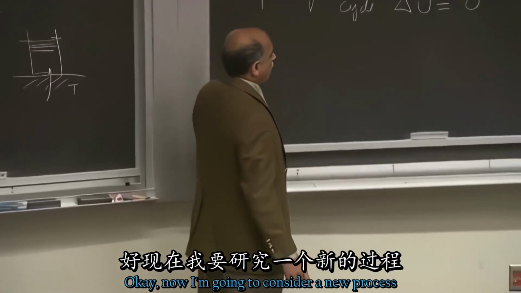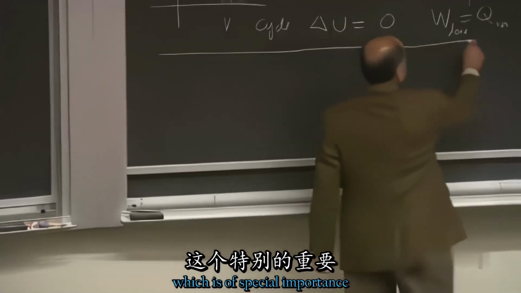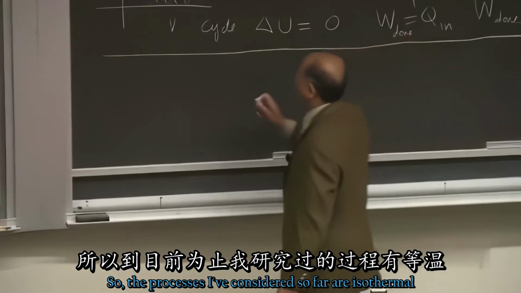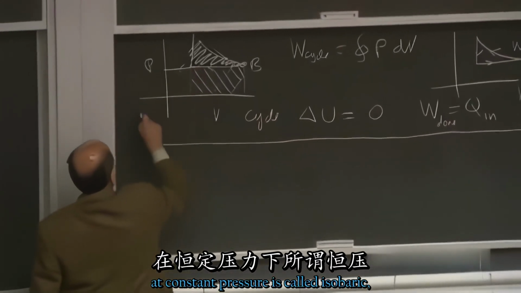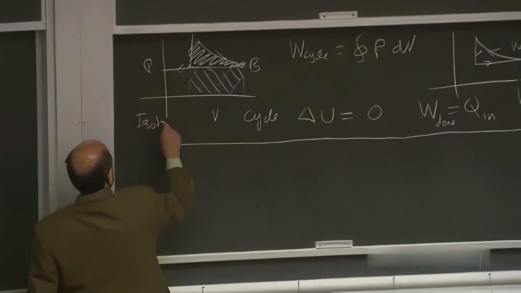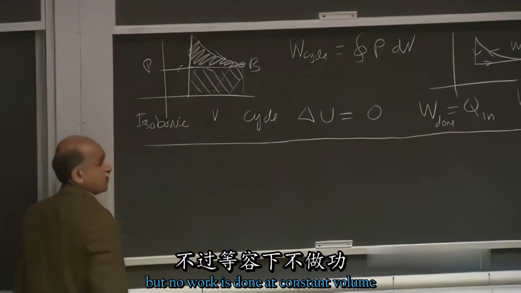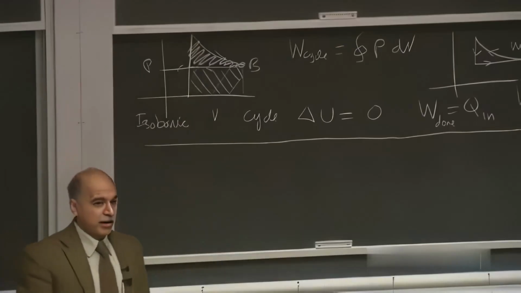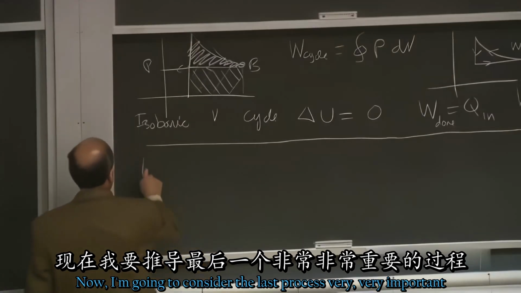Okay, now I'm going to consider a new process, which is of special importance. The processes I've considered so far are isothermal. At constant pressure is called isobaric. I don't know the name for constant volume, but no work is done at constant volume. Now I'm going to consider the last process, very, very important.